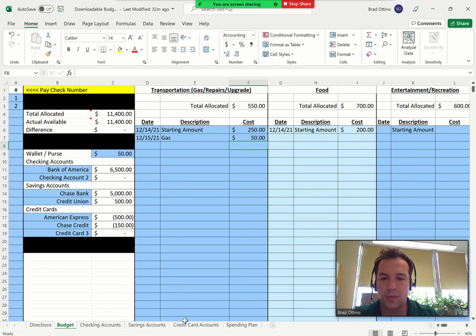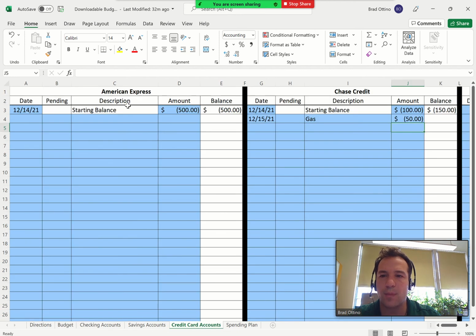Speaking of payments, let's say we go into credit cards and we want to pay off this American Express balance. I'm going to type tomorrow, maybe I'll pay it off. I'll type in payment of $500. So my balance on that American Express card is now 0, but that's one transaction. I have to also put it somewhere else.